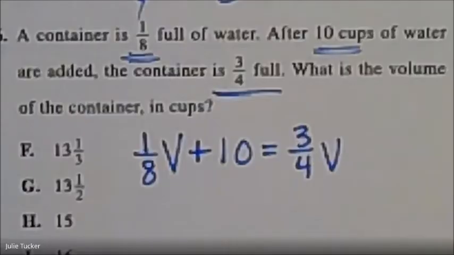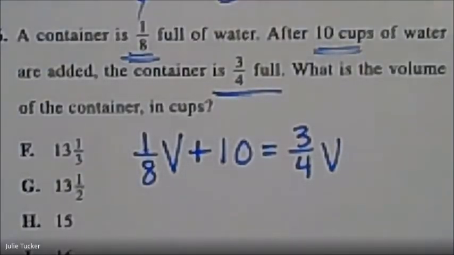So now, do you remember you learned how to do equations like this in Algebra 2? If you want to get rid of denominators, what do you do? You multiply times the least common multiple.